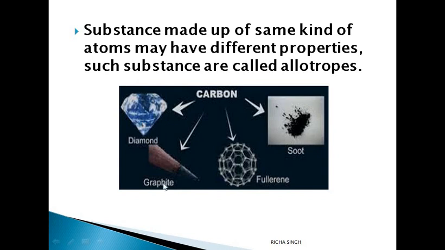You all know this. Graphite, that is there in the lead of the pencil, is graphite. Fullerene and soot, the black vapors that come when you burn something, is known as soot. So they all are forms of carbon, but they have different properties. This was also not explained by Dalton in his atomic theory.